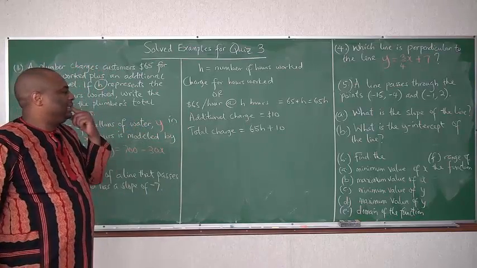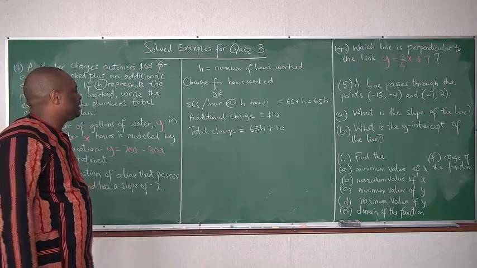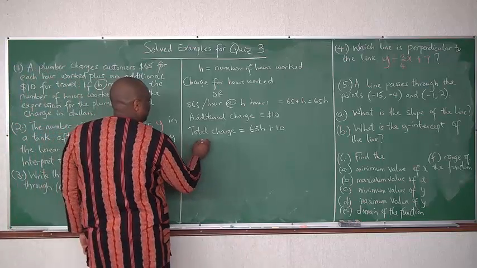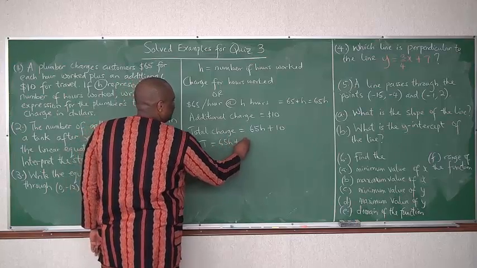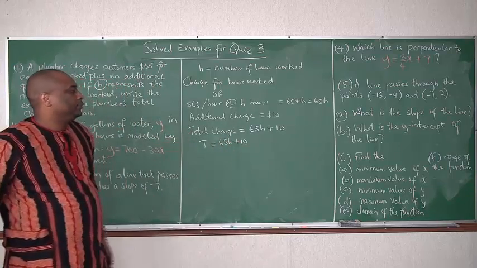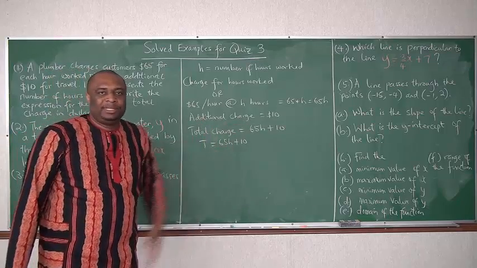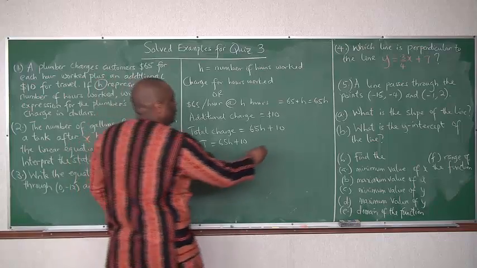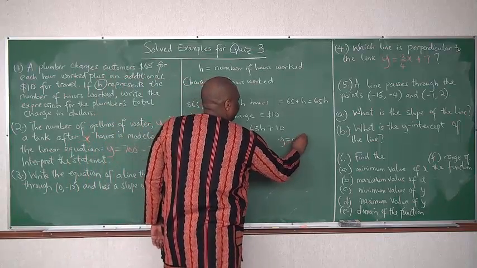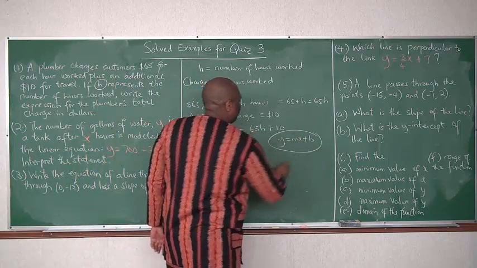If you want the total charge to be T, we can say T equals 65H plus 10. So this is a linear function expressed in slope-intercept form, y equals mx plus b.